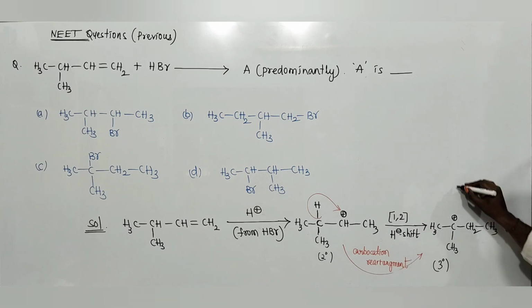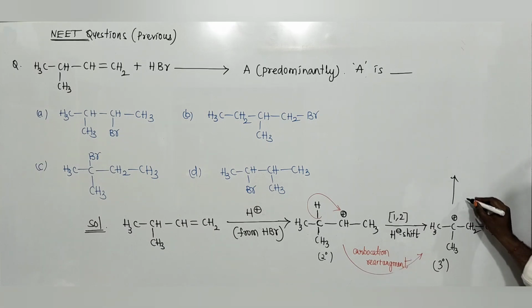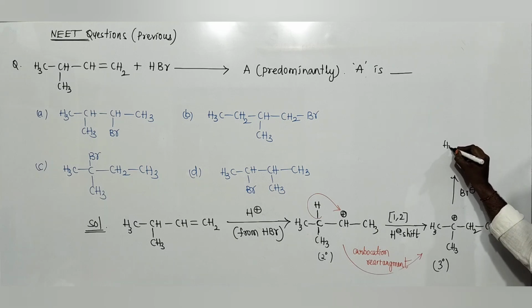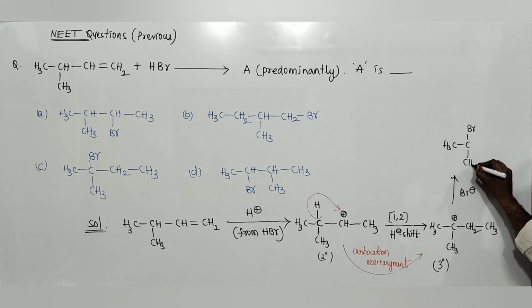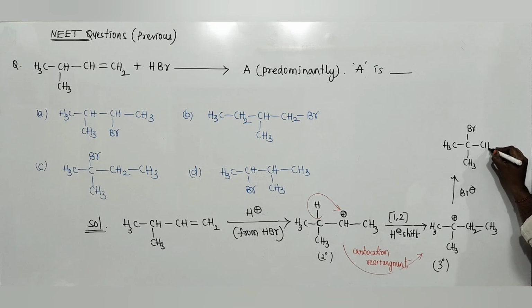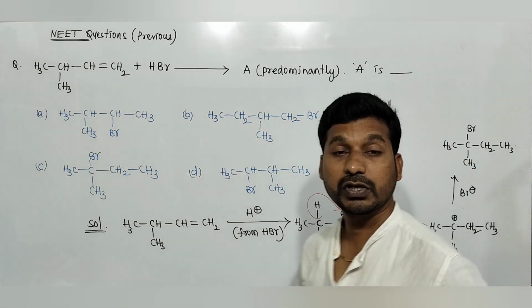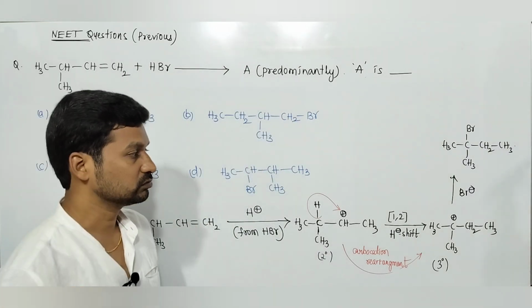Now after carbocation rearrangement, Br minus addition takes place. So what will be the product? Here bromine will be added. Here CH3 and CH2, here CH3. That means you must know carbocation rearrangement also.